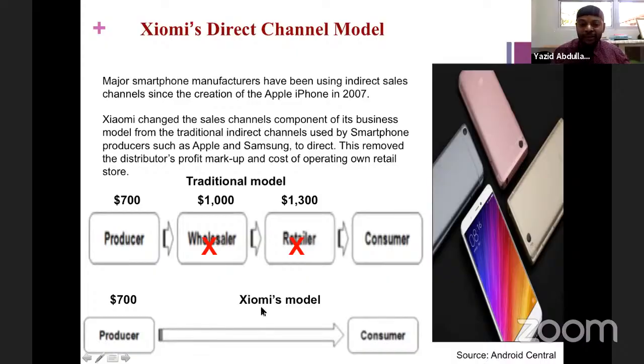That way, they were able to produce high quality phones and sell them much cheaper than Apple. Look at Apple phones here, $1,300. Look at Xiaomi phones, $700, much, much cheaper. So this allowed them to sell high quality phones at a cheap price, whereas Apple was selling high quality phones at an expensive price. Can you see? And because of this, Xiaomi became a very successful startup.